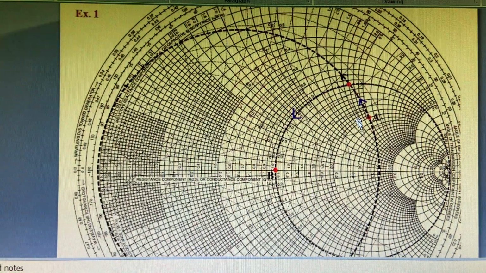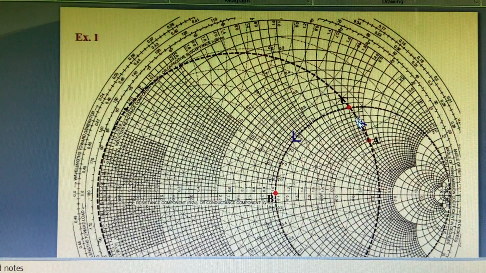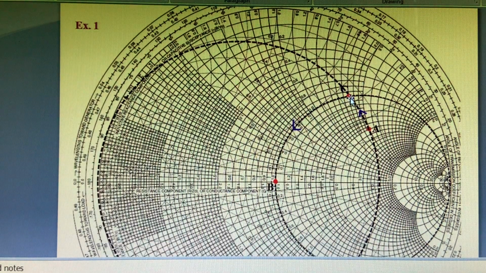From the Smith chart we can observe here, to find the susceptance at C, we have to take the susceptance value of the circle passing through the point C like this circle. So these are the susceptance circles. This is one of the susceptance circles, its value is equal to 0.5.